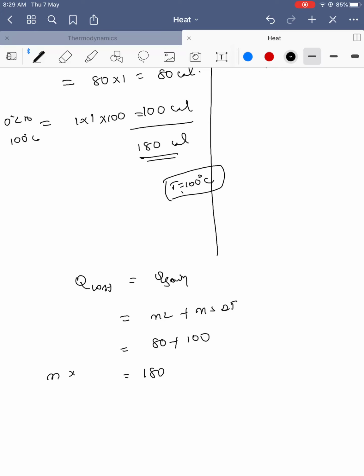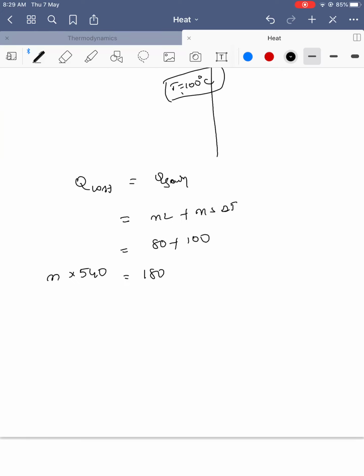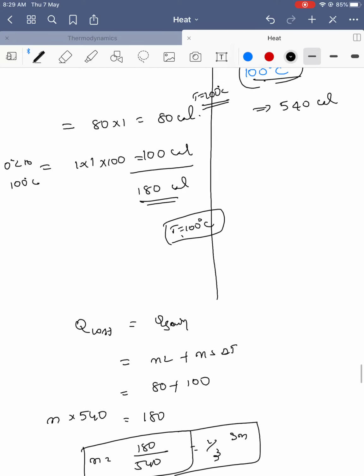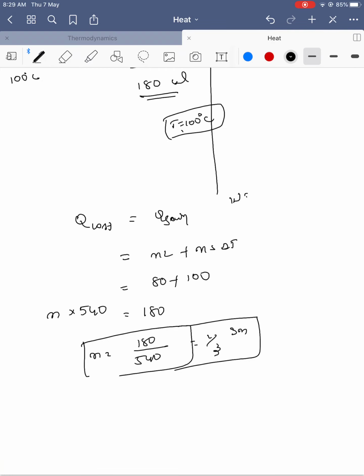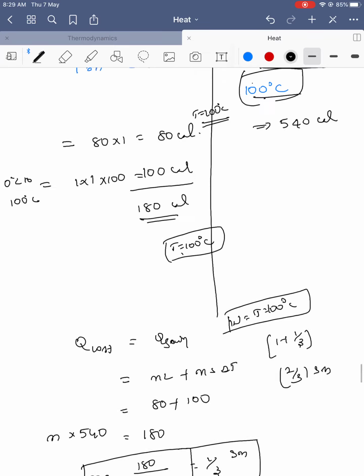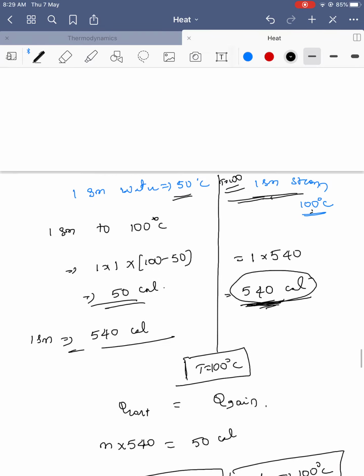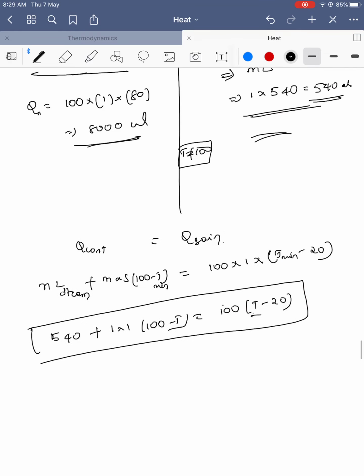Mass into latent heat 540. Mass m is equal to 180 by 540. So this much, 1/3 gram of steam will be condensed into water. At what temperature? Water at 100 degrees Celsius. How much water is there now? 1 plus 1/3 grams. How much steam is there? 2/3 grams. So these are the models basically I left out from the calorimetry file. So thank you.